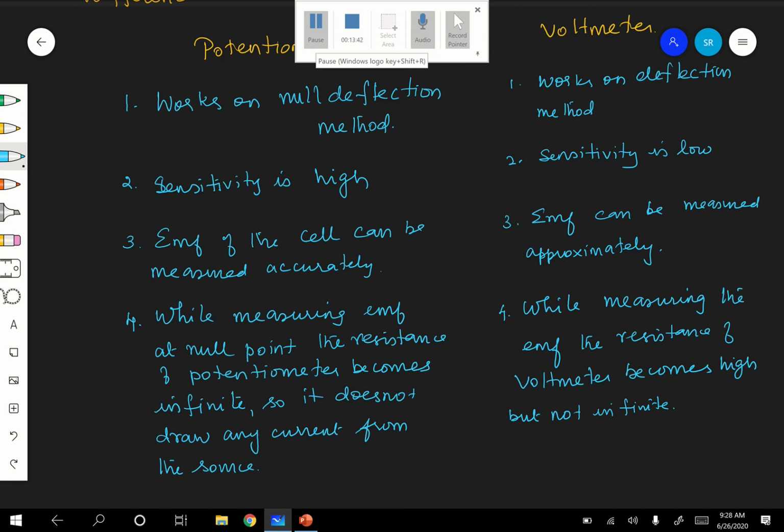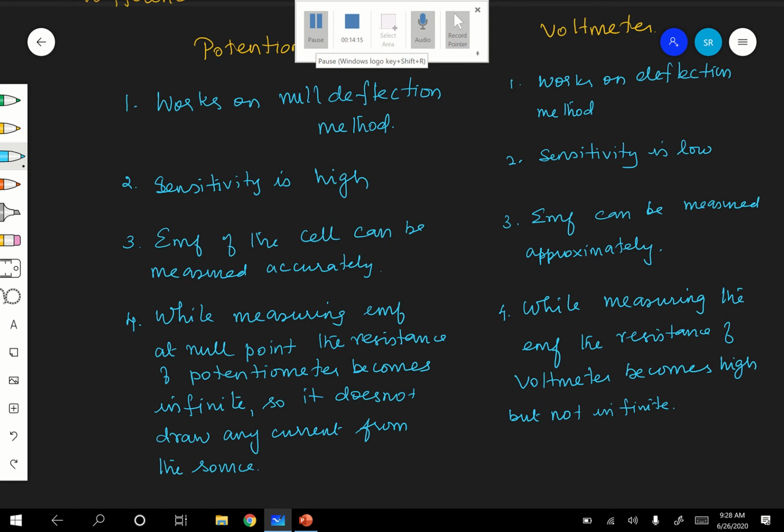An ammeter should have very low or zero resistance. An ideal ammeter has zero resistance; like that, an ideal voltmeter should have infinite resistance, which is not possible. The voltmeter we use in the lab is not ideal. It has high resistance, but it won't be infinity.